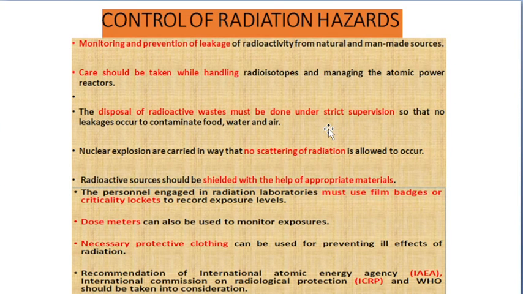So how can we control this radiation hazard or radiation pollution? At first, monitoring and prevention of leakage. Where there are industries operating with radioactive substances, they should monitor their leakage at regular intervals of time, from natural and man-made sources.